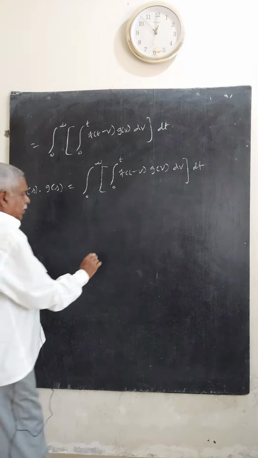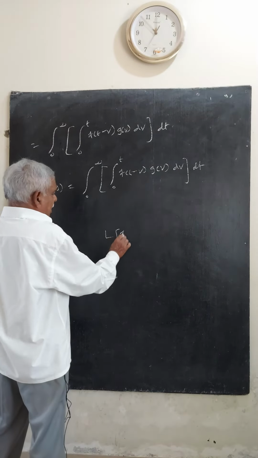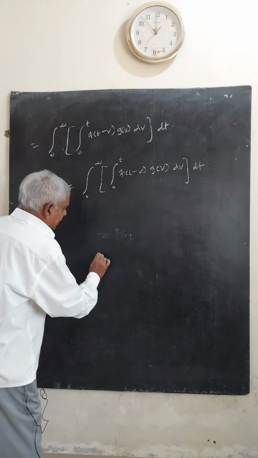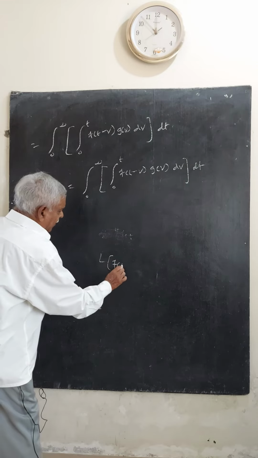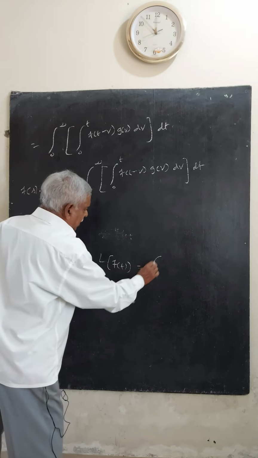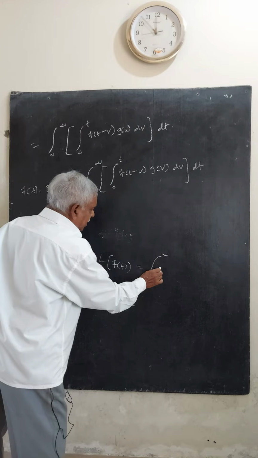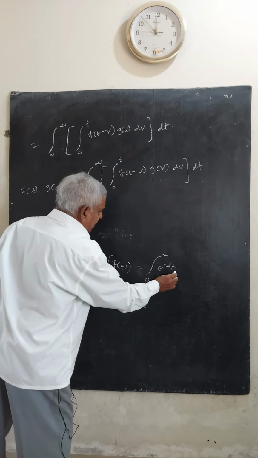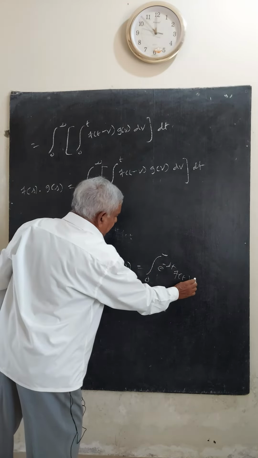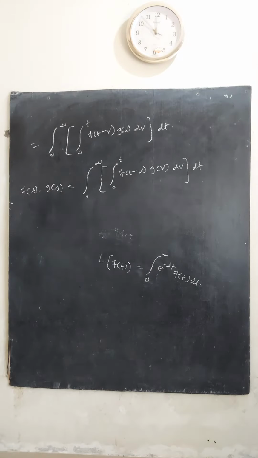In the Laplace transform, L of f of t, f of t equal to 0 to infinity e power minus st f of t dt.